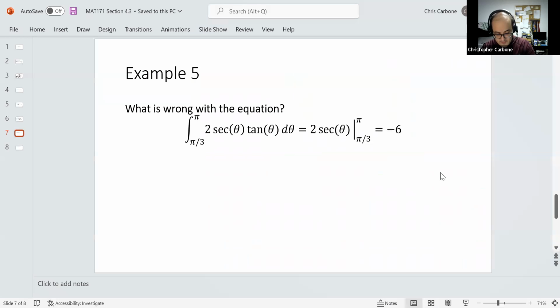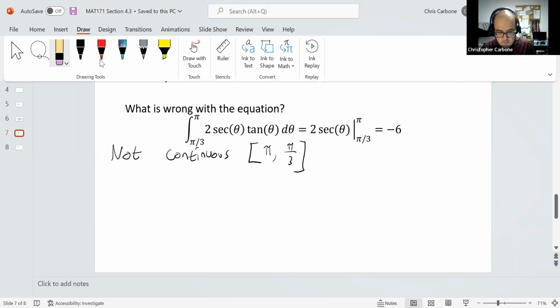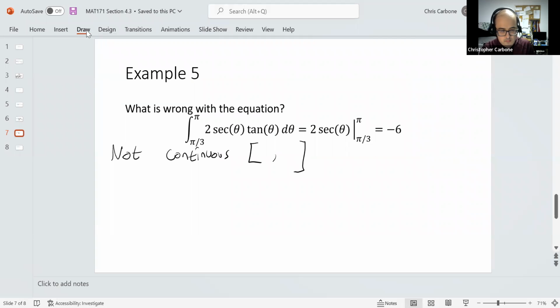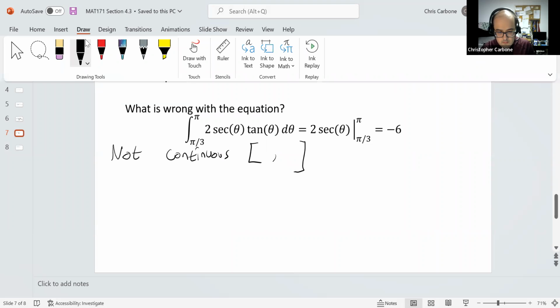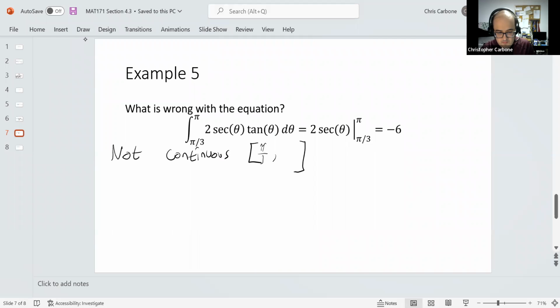So what does that mean? This is not continuous on that closed interval from pi over 3 to pi.